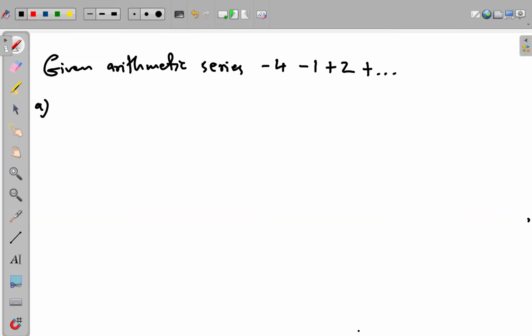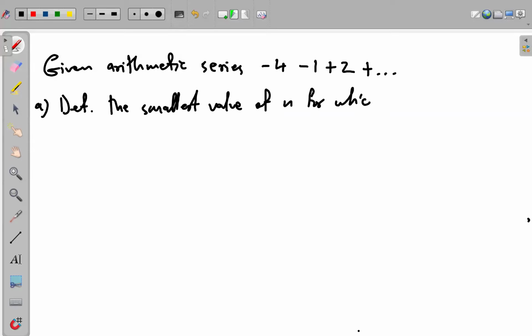The question says, determine the smallest value of n for which Sn is greater than 300. That's one.